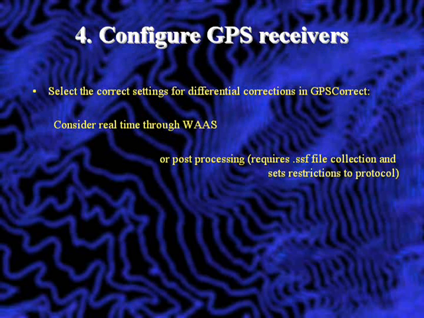But for post-processing, what you also need to collect is the SSF file, and it also sets restrictions to the protocol. You have to select GPS Correct as one of the protocols, which is supported by all Trimble, by most Trimble antennas, but not by other receivers.